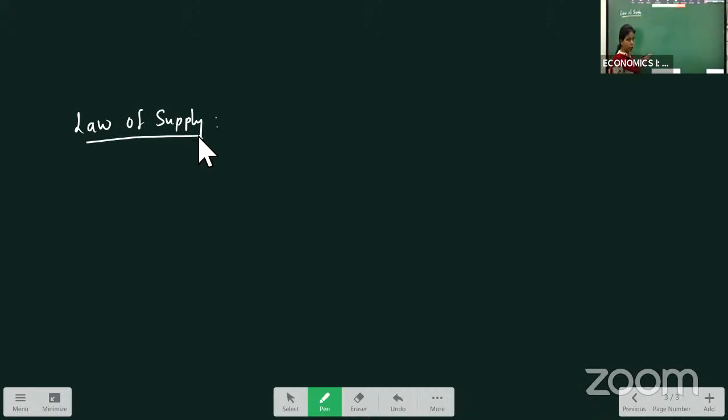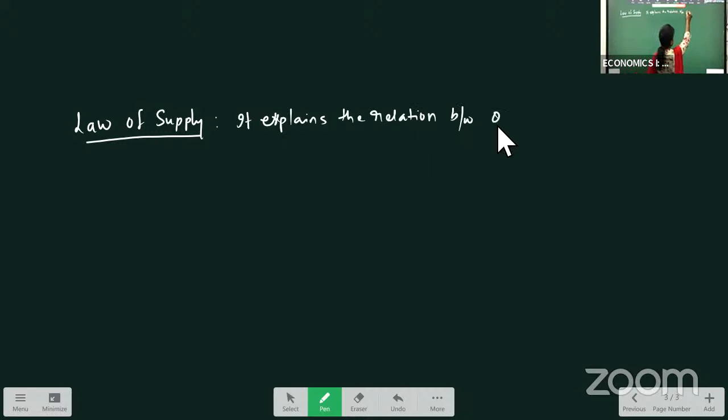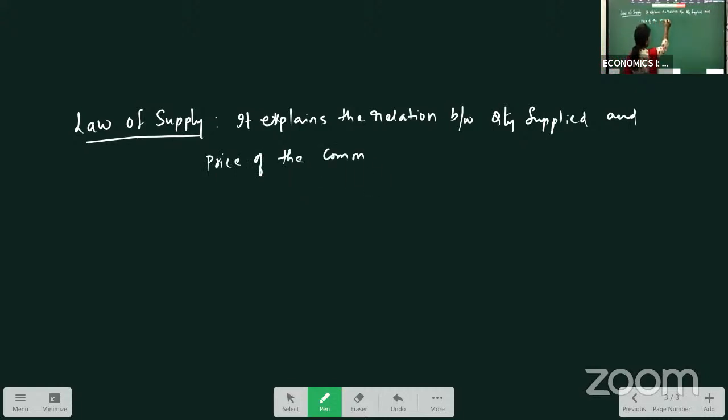Again, same like our law of demand. Law of supply explains the relation between quantity supplied and price of the commodity.